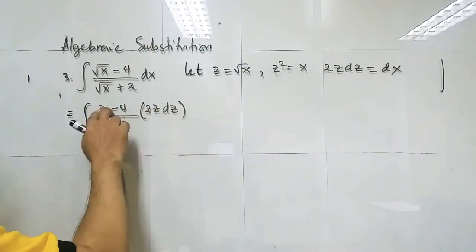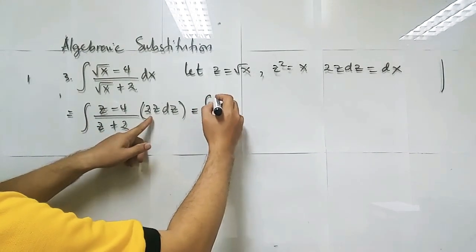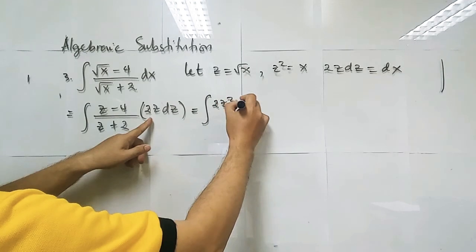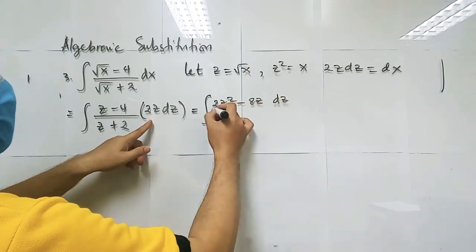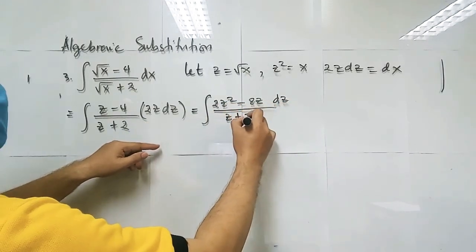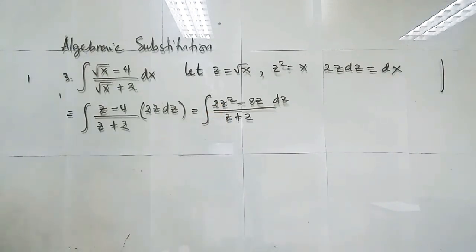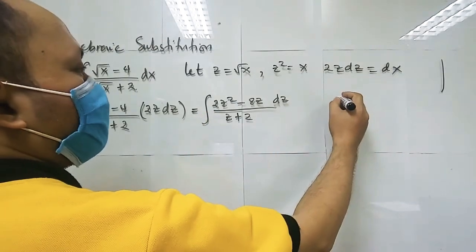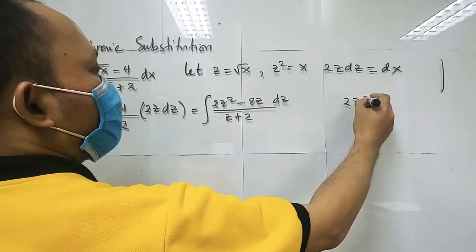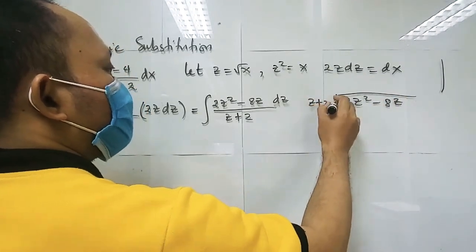And then distribute this first. So 2z times z equals 2z squared, minus 8z dz, all over z plus 2. If you have noticed, our numerator has z squared and the denominator has z, so we can divide this one.